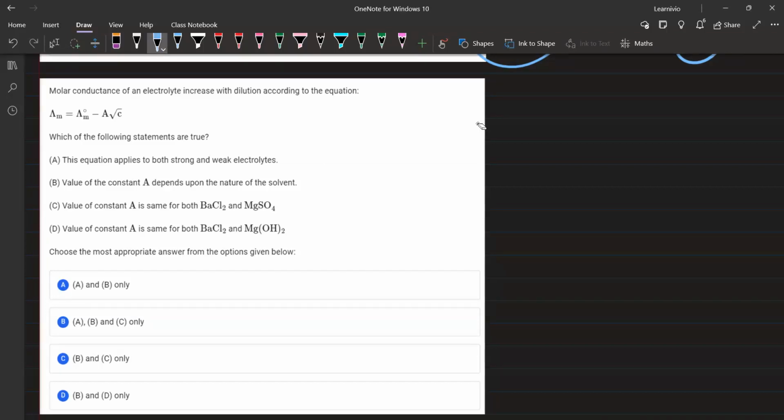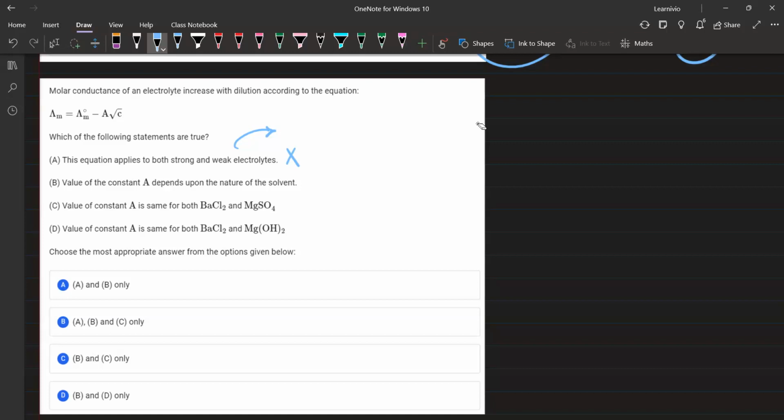This equation applies to both strong and weak electrolytes. This is false, because if it applied to weak electrolytes, we could have put C equal to 0 and we would have got the lambda naught. But this is not applicable in the case of weak electrolytes. So A is wrong.